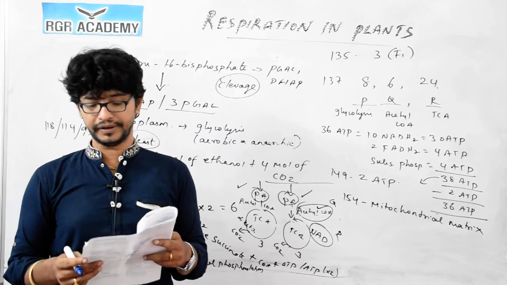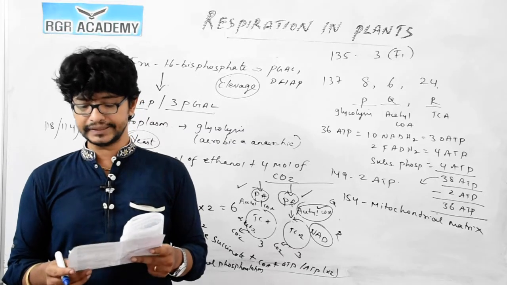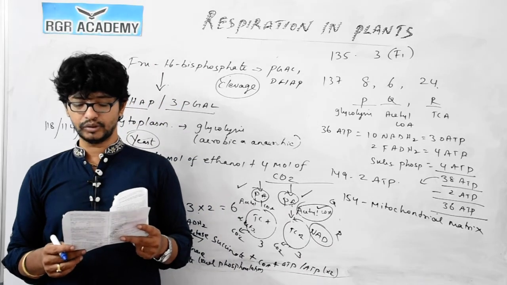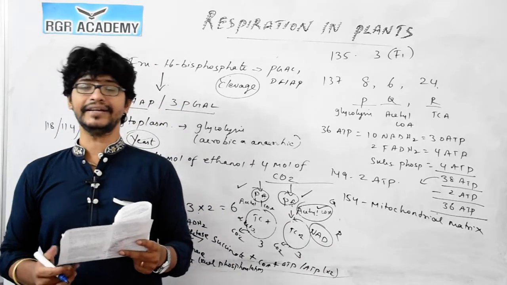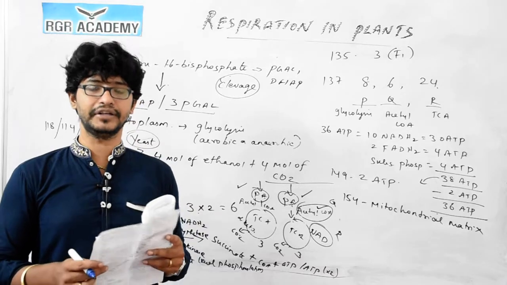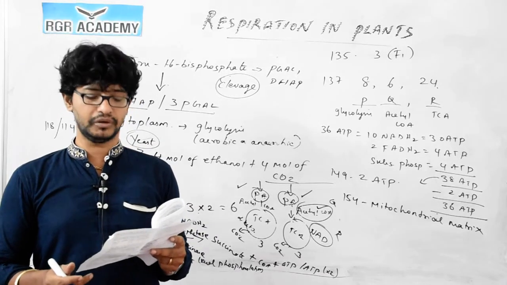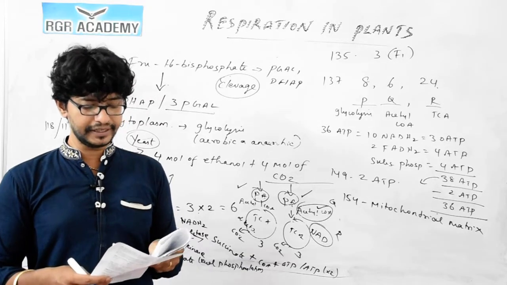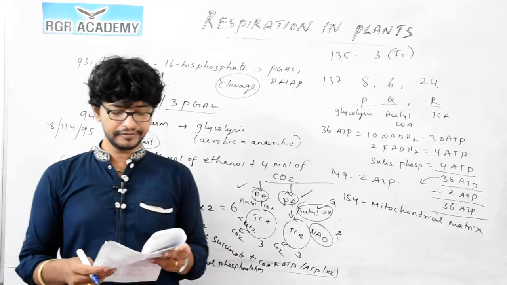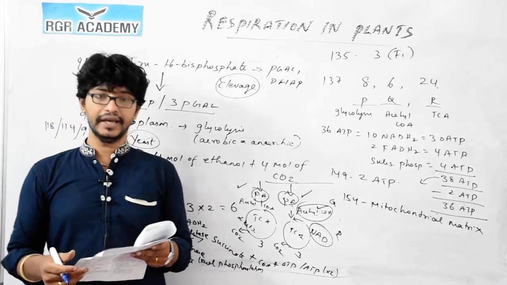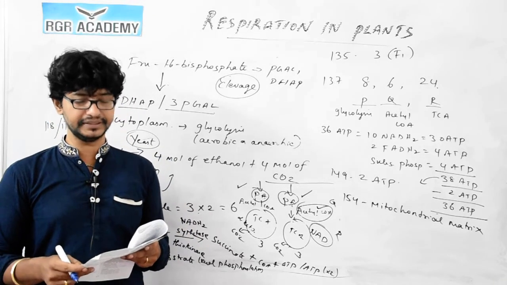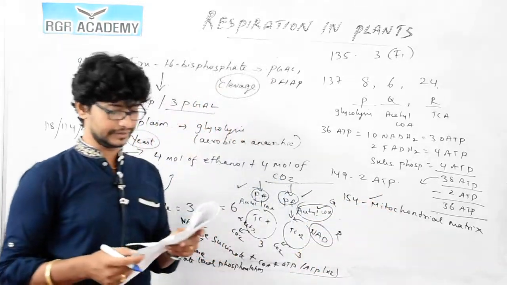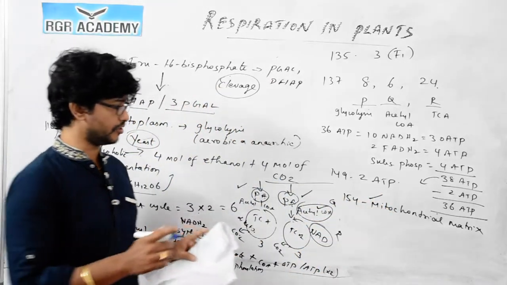So, 155, the pyruvate dehydrogenase complex needed for the conversion of pyruvic acid to acetyl CoA is located in the matrix of mitochondria. So question 155, option 1 is the correct answer. Because pyruvate dehydrogenase is the enzyme needed for the conversion of pyruvate to acetyl CoA. The enzyme is present in the mitochondrial matrix. So this is for question number 155 also.